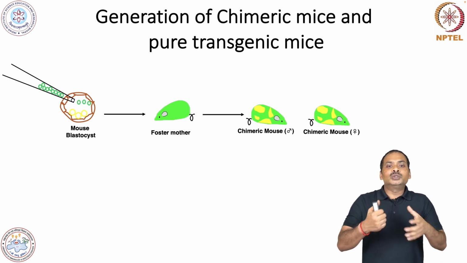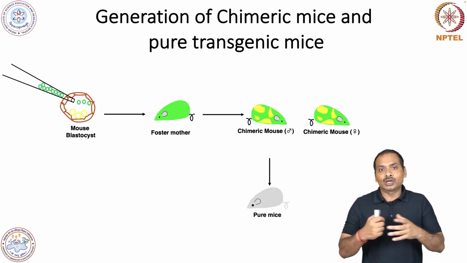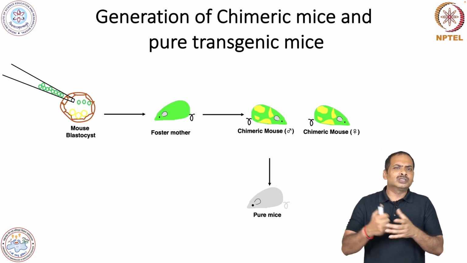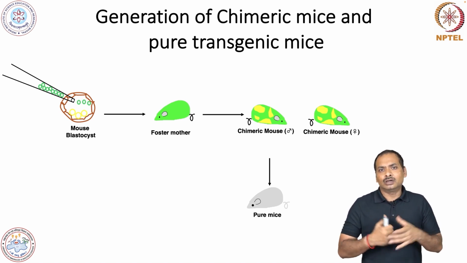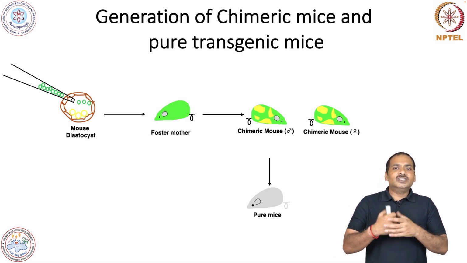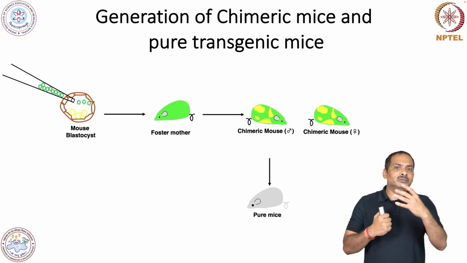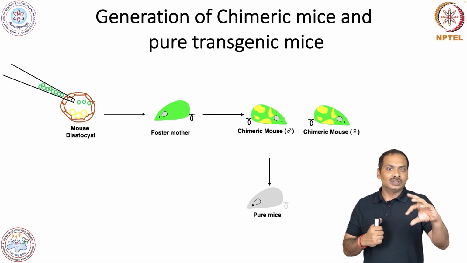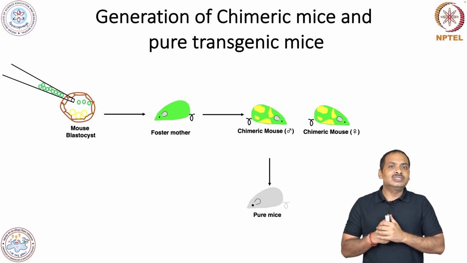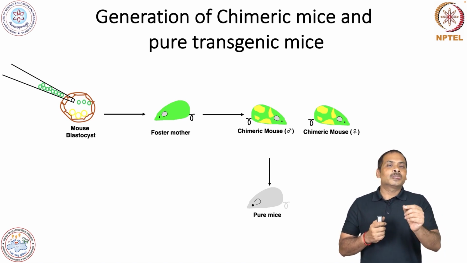Then you take these chimeric mice and mate them with some pure line. Generally we use some strain of mice, for example C57 black 6 or Balb/c mice. If the reproductive organ of that chimeric mouse is derived from the mutant embryonic stem cell, then you will see germ line transmission.